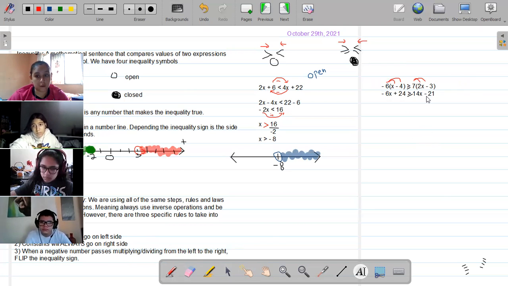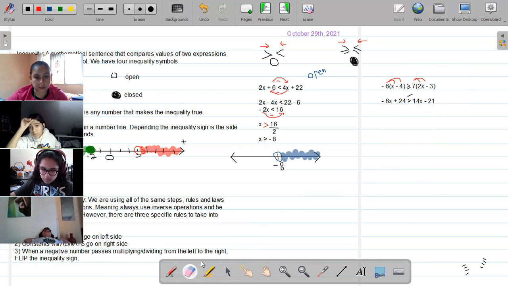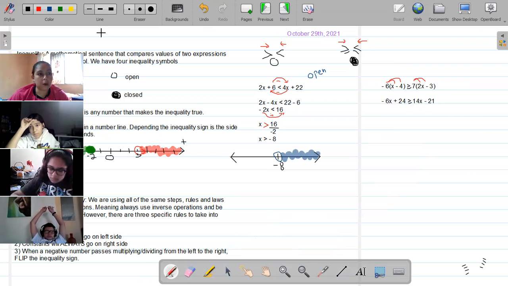So we're going to move whatever we need to move. Before we do that, let me give one extra space. Okay, so what were we going to move?